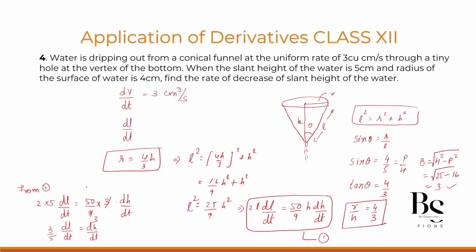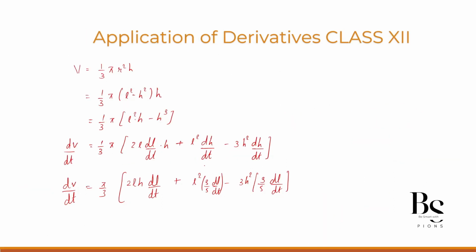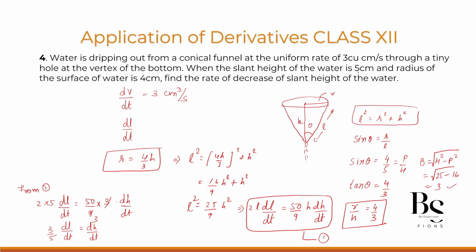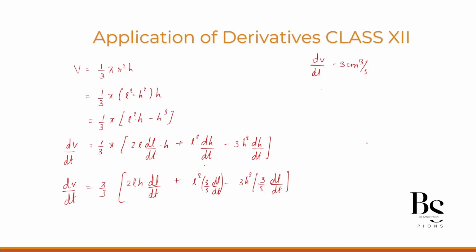Now let's substitute the values of L, h and dV by dt. So dV by dt here is 3 centimeter cube per second. And what is our L? L value is 5, h value is 3. Let's substitute to find dL by dt.